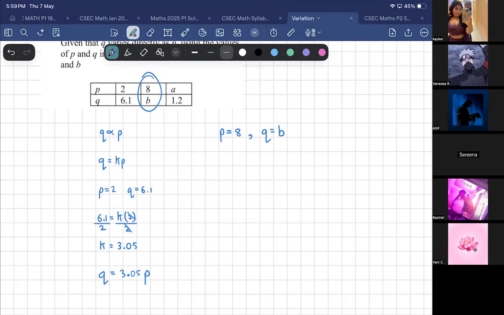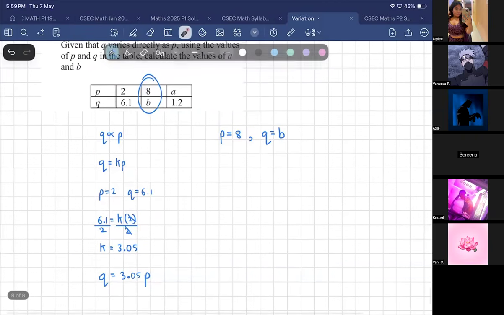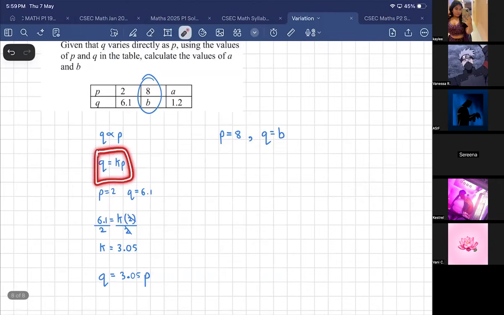If I tell you Q is equal to KP, I'm telling you that Q is equal to something times P. I don't know what that something is, but we found the something. What was the something we found? 3.05.